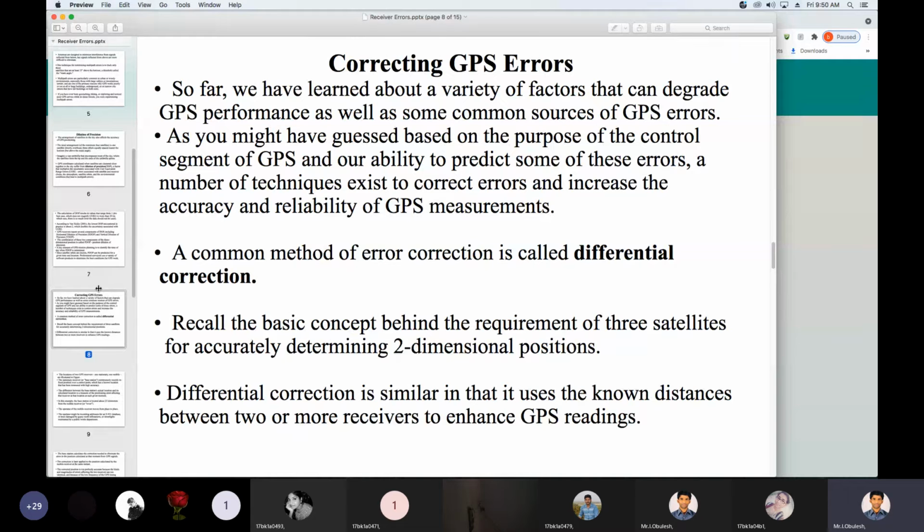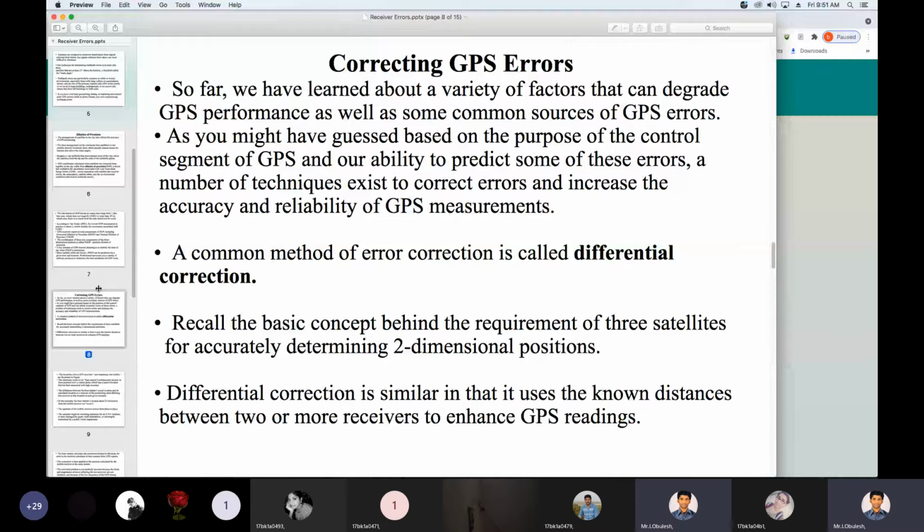As you might have guessed based on the purpose of the control segment of GPS and our ability to predict some of these errors, a number of techniques exist to correct errors and increase the accuracy and reliability of GPS measurements.